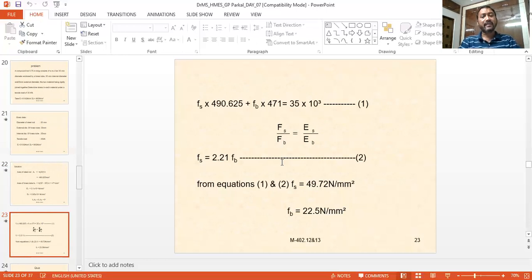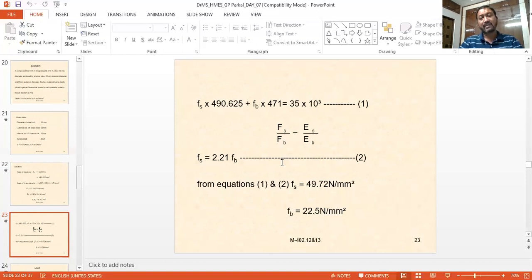Now we have to solve equations 1 and 2. Equation number 2 is substituted in equation 1 to get the value of Fb. After getting the value of Fb, we can find the Fs value again by using equation number 2.